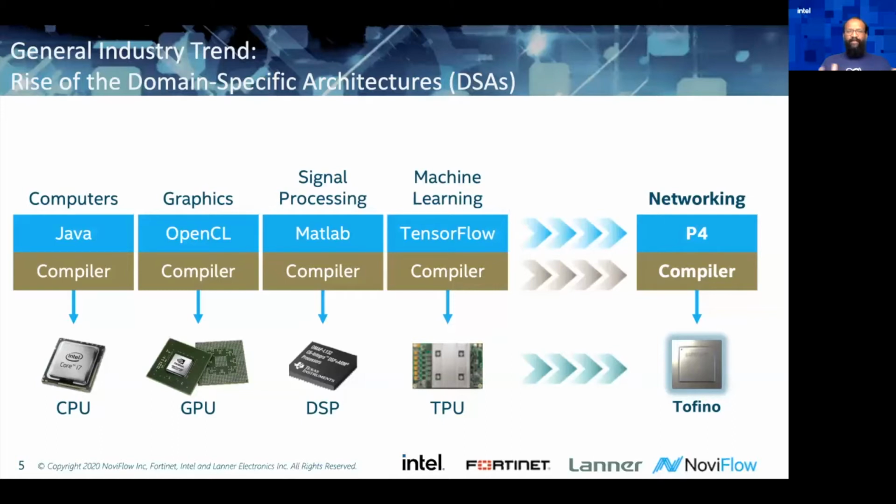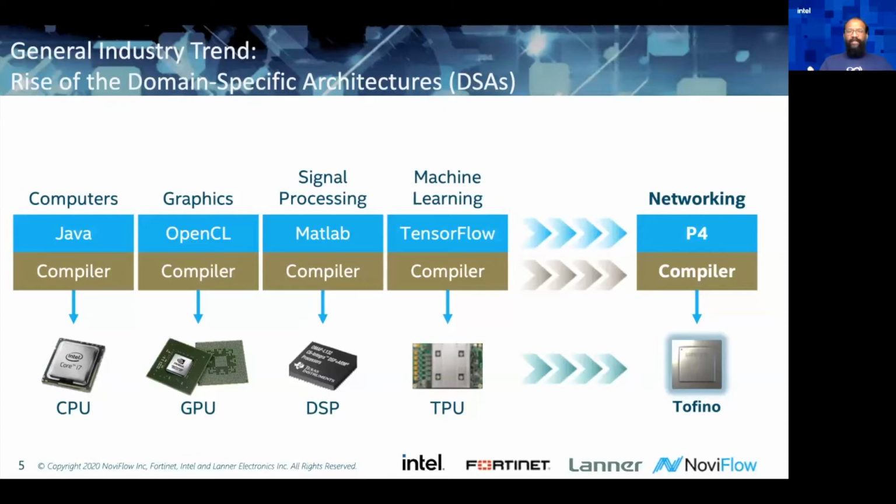Typically, when you have a domain-specific architecture, there's a high-performance target device like a CPU, GPU, digital signal processor, or a tensor processing unit. And then there's a high-level domain-specific programming language. A few examples are shown here. And these two things are brought together by a compiler.